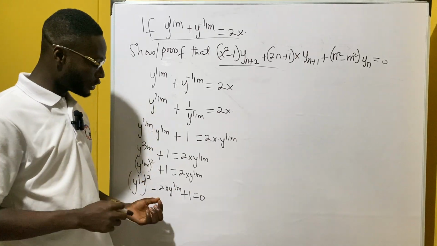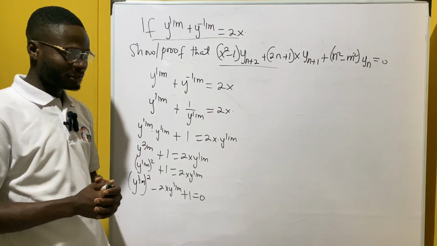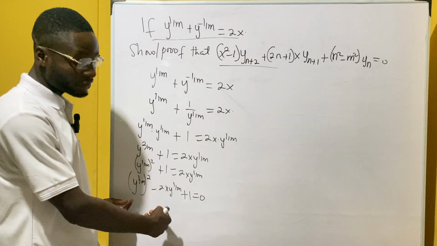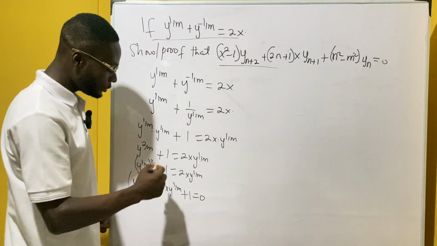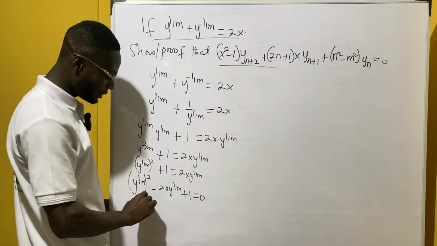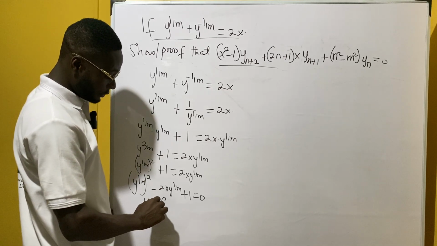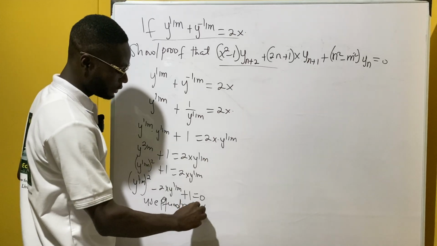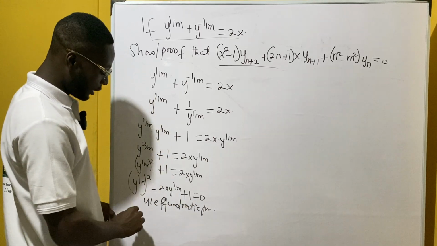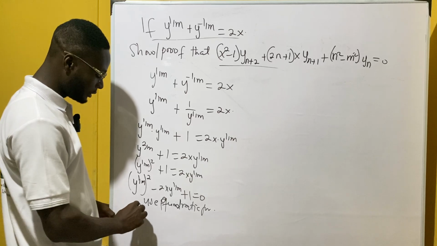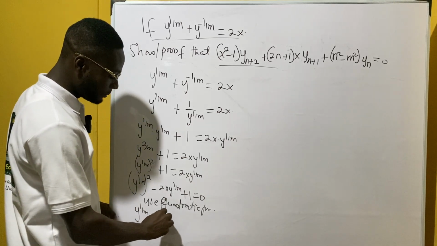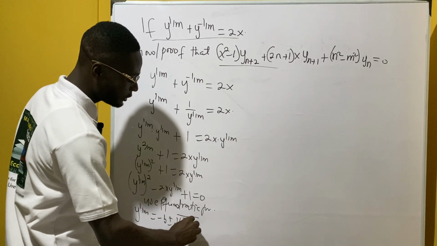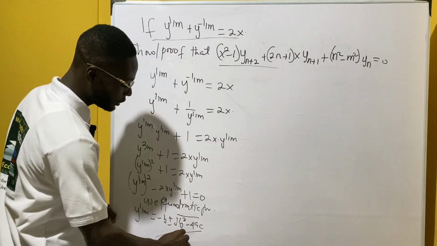So right here we are going to use the quadratic formula to solve this. The quadratic formula says x equals minus b plus or minus the square root of b squared minus 4ac, all over 2a.